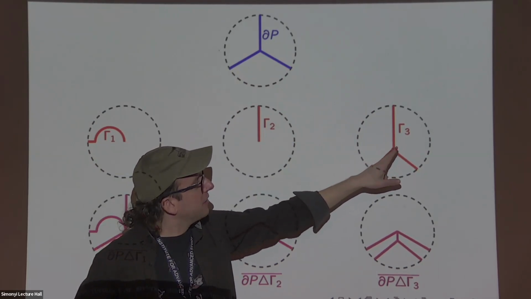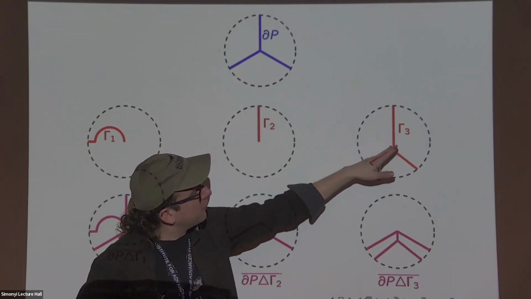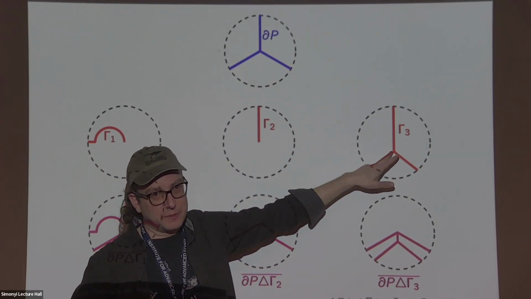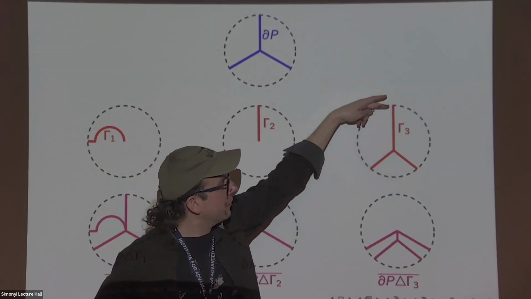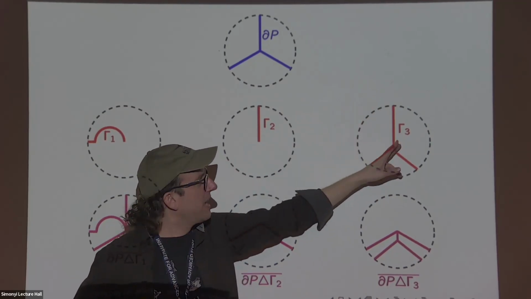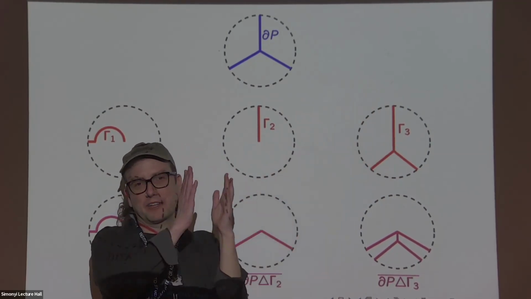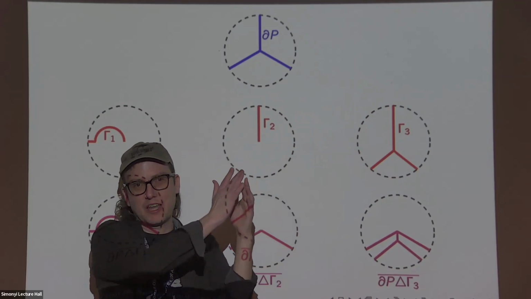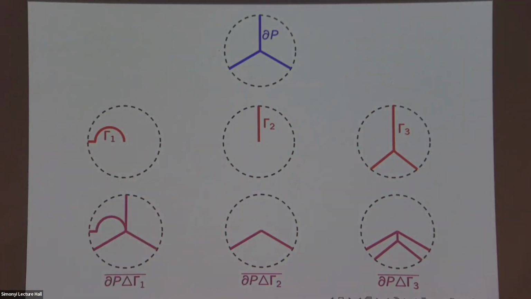Even though we've moved the singular point down a little bit, this still contains a curve from the boundary to the origin. That's what makes it work. If I perturbed this to the left a little bit so it missed the origin, then we would be out of that class, which it feels like we should still be able to compare, but we're not there yet. So it's a delicate thing.